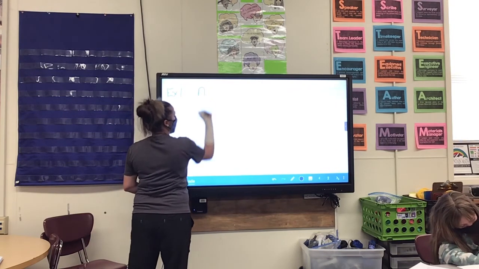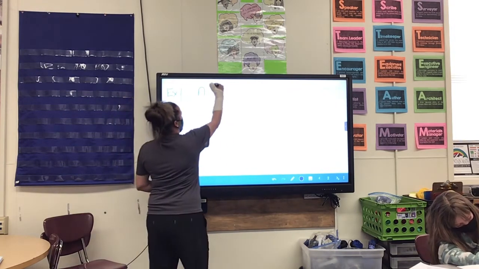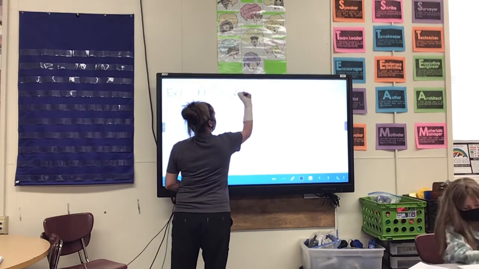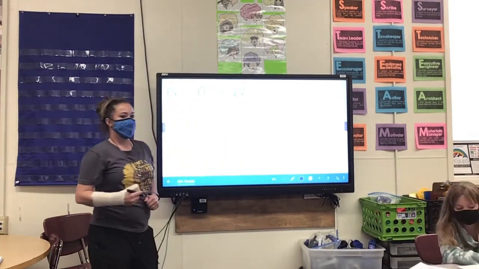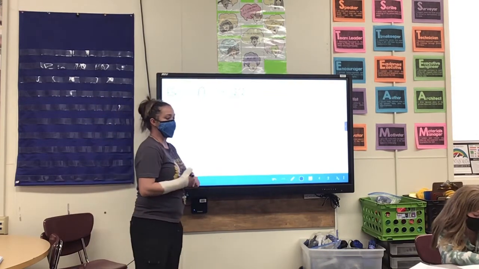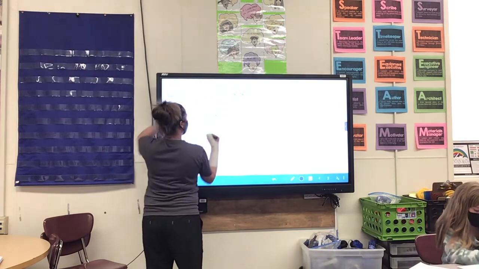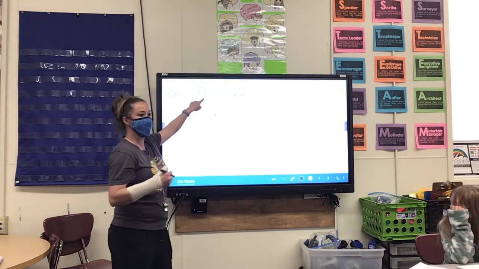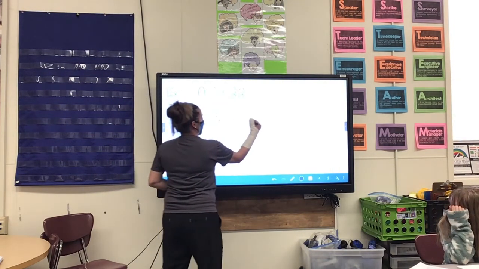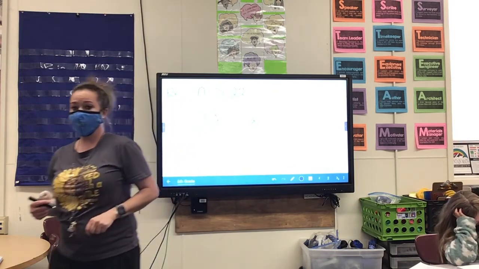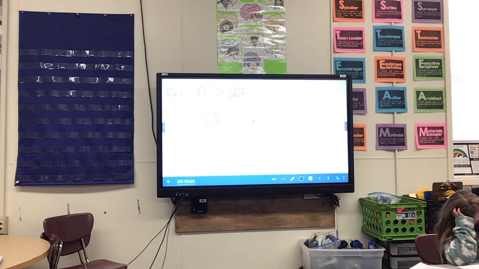So you would put n, the greater than symbol, 22. Okay? So what your graph would look like, and many of you did this, is an open circle because n cannot be a value, because it's not equal to, and an arrow going greater than. Right? It's exactly what we wrote in our notes, isn't it?